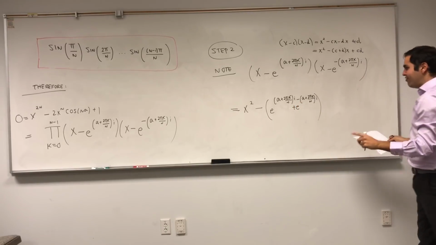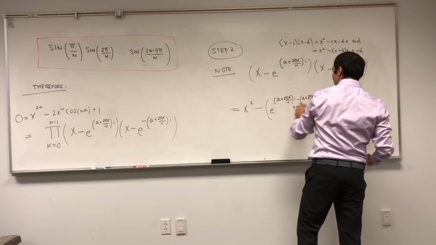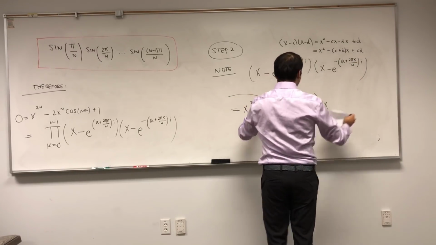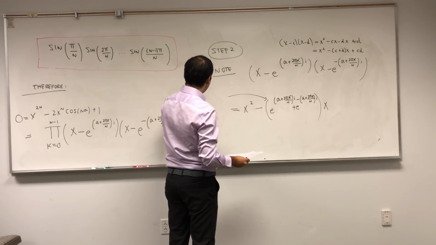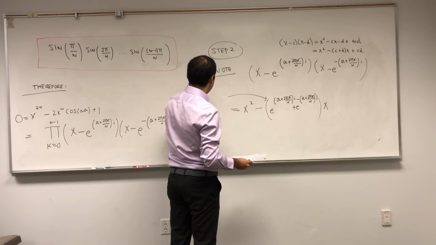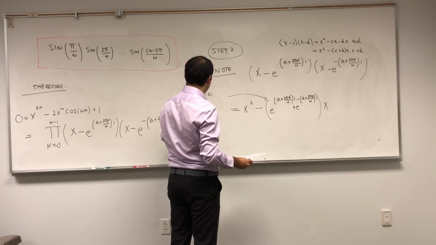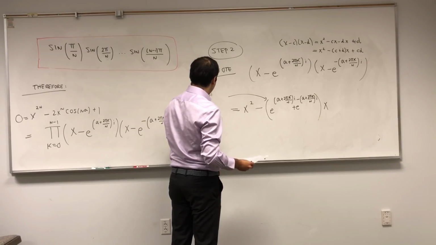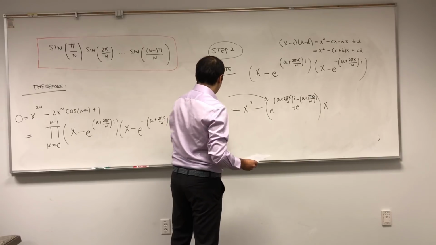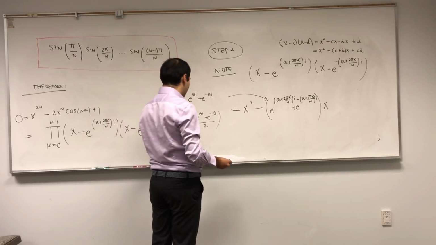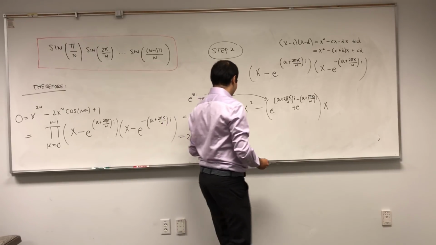All right, and in fact, notice this does simplify, and I'll get to the constant term in a second, because e to the theta i plus e to the minus theta i equals 2 times (e to the theta i plus e to the minus theta i) over 2. But this is none other than cosine of theta by de Moivre's formula.